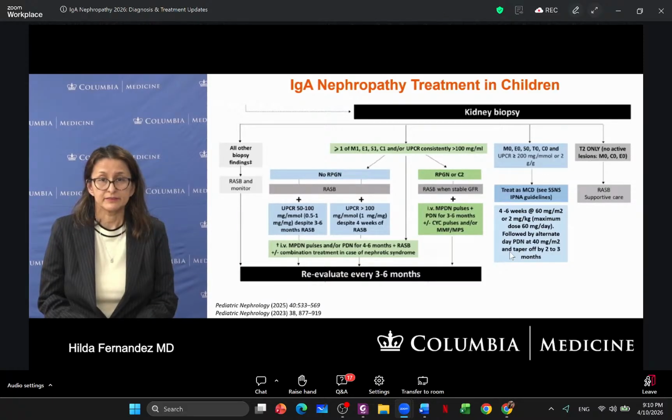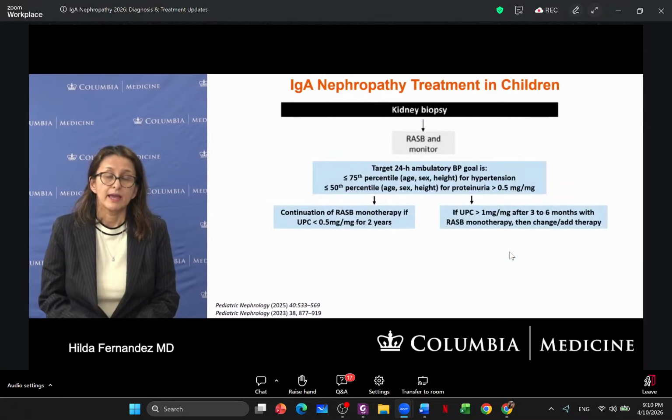And in these cases, we're going to, again, be grading our IgA nephropathy depending on what we're seeing in regards to the Oxford classification and the presence or absence of crescents. So let's talk a little bit more about that. As I mentioned before, the philosophy behind treating IgA nephropathy in children is to take more of a conservative route.